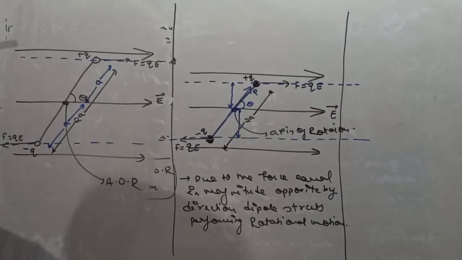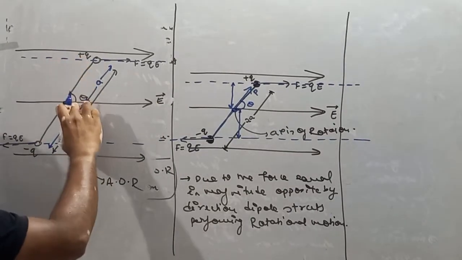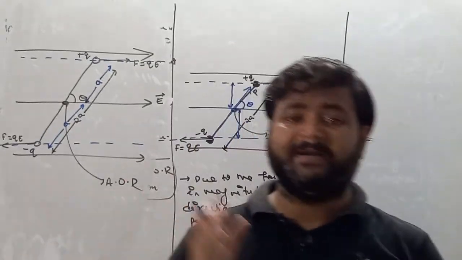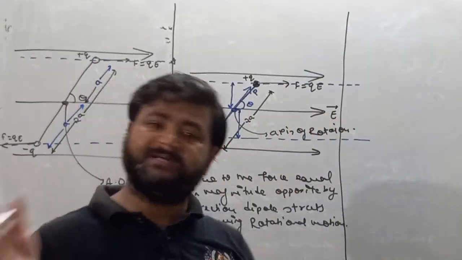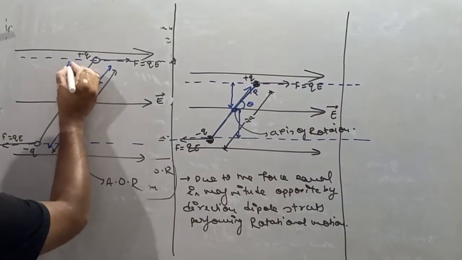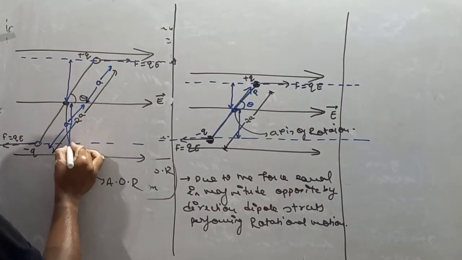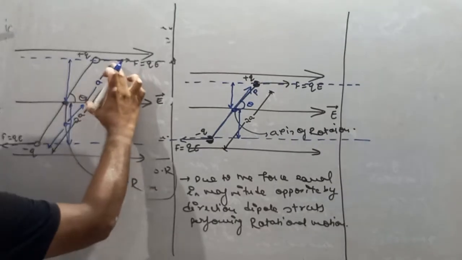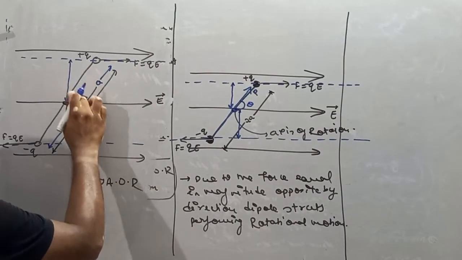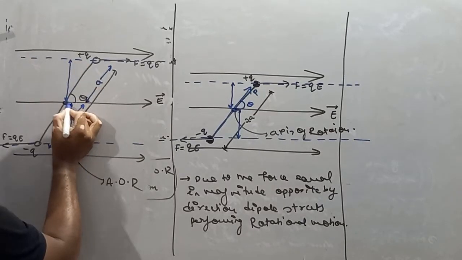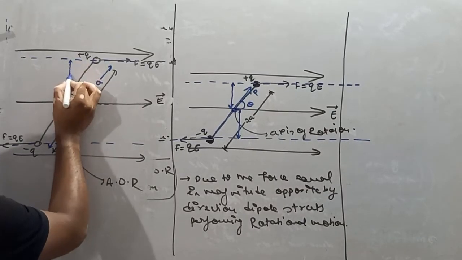So what do we want to find? We want to find this distance and this distance, because torque is basically force into perpendicular distance from the axis of rotation to the line of action. See, this distance is a and it is making some angle theta with this axis. So let us consider this is your x-axis and this is your y-axis.